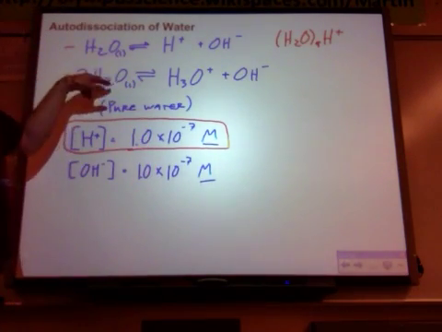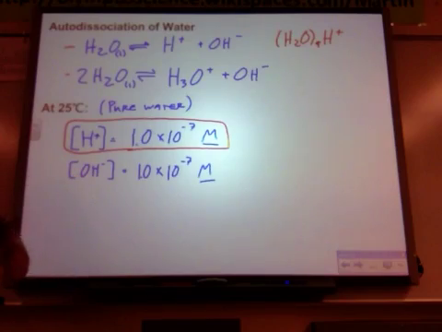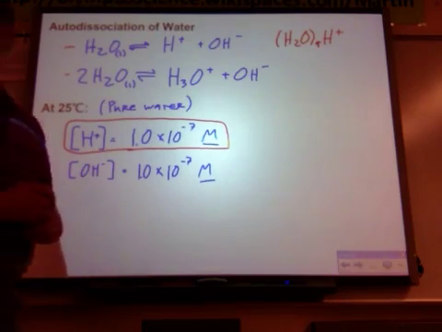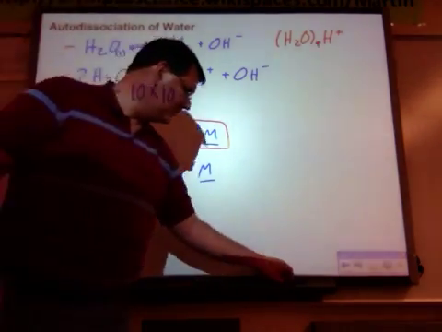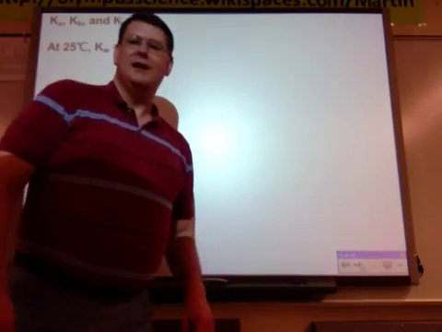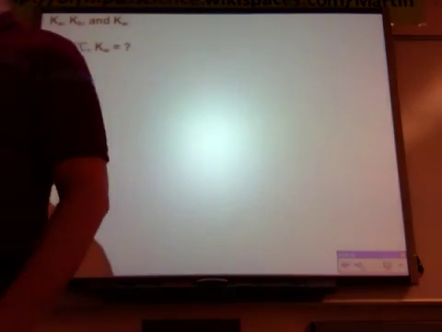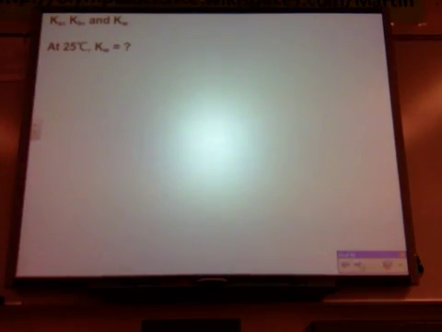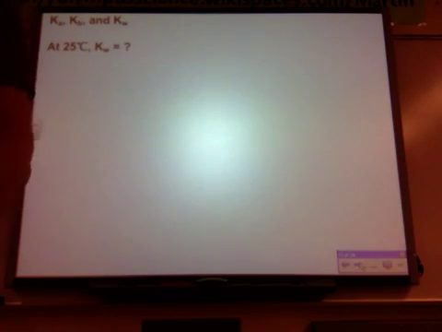Since this is a liquid and we don't really care much about the concentration of that, do we? Okay? So Ka is just going to be concentration for water, for this specific case.